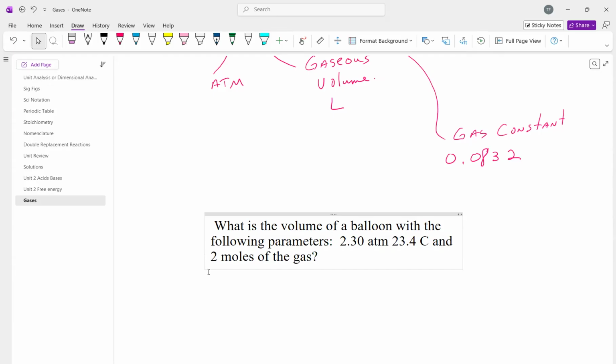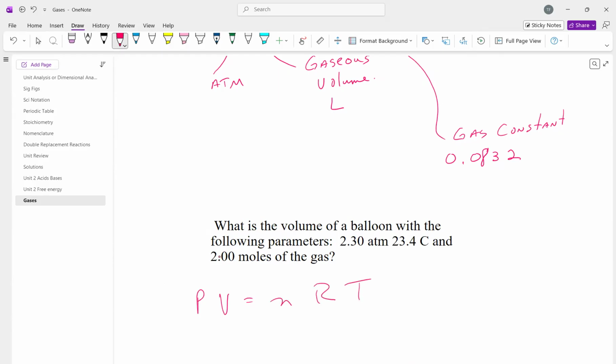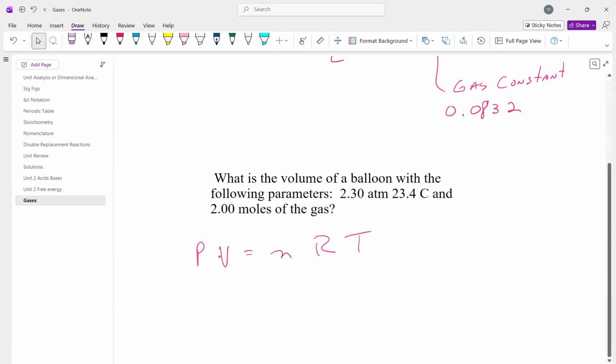What's the volume of a balloon with the following parameters: 2.3 atmospheres, 23.4 degrees C, and 2.00 moles of the gas? We're looking at PV equals nRT.